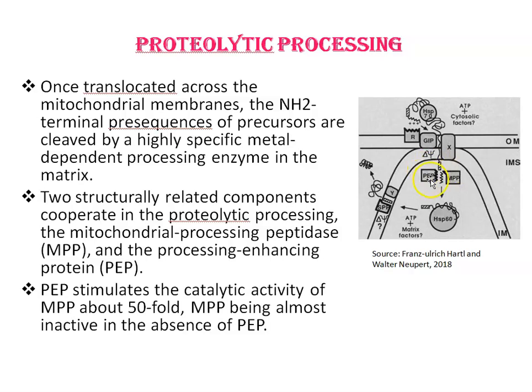So PEP stimulates the catalytic activity of MPP about 50-fold, MPP being almost inactive in the absence of this PEP. MPP also requires divalent metal cations such as magnesium ions or zinc ions for activity, but it is unclear whether the enzyme should be classified as metallopeptidase.